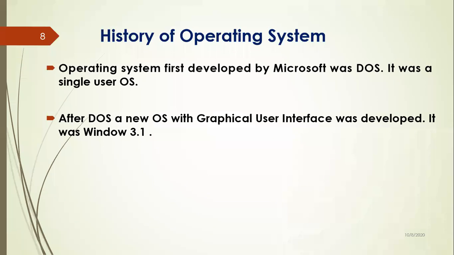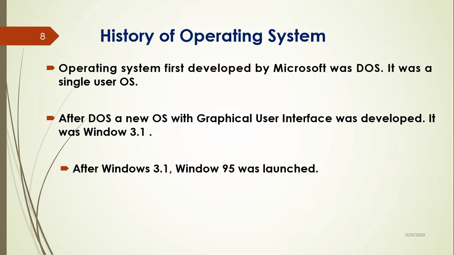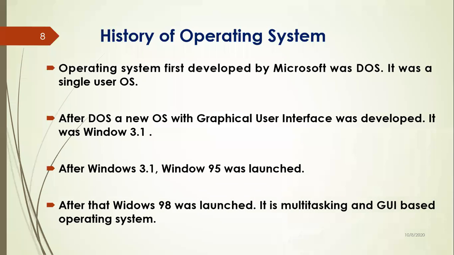After DOS, a new OS was developed with a graphical user interface, named Windows 3.1. After Windows 3.1, Windows 98 was launched, and it is a multitasking and GUI based operating system.